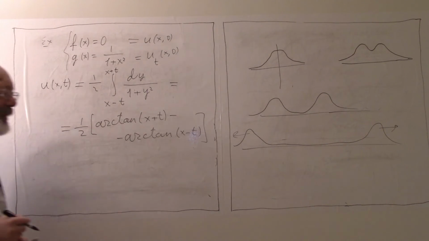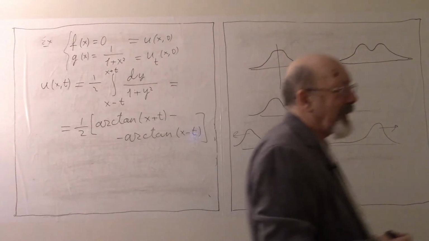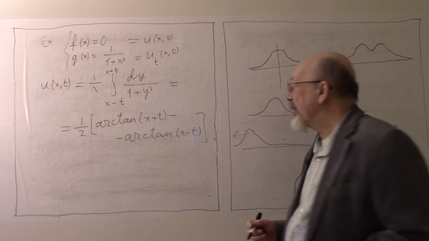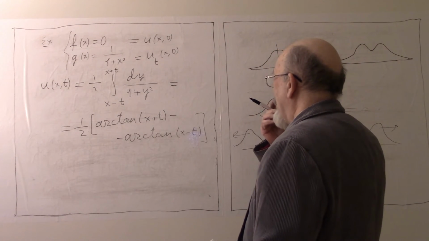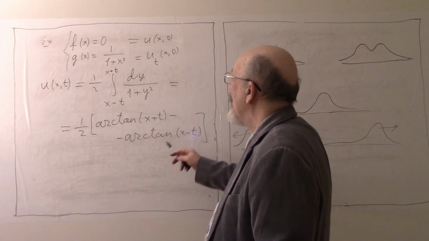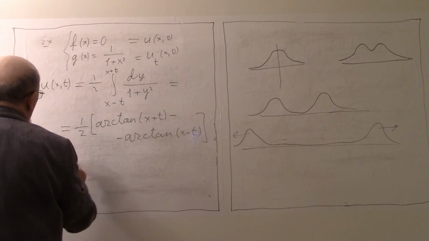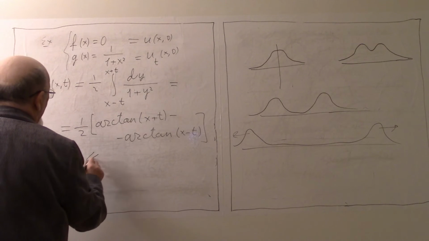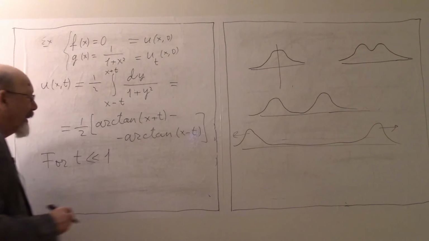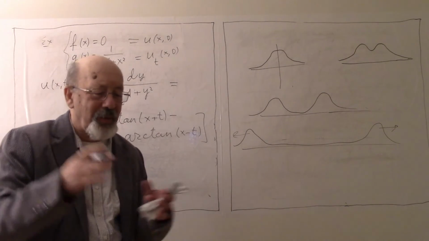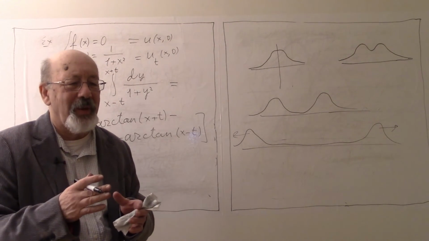Now, let us imagine how it looks. Again, for small t, let me write t much less than 1. Here, small means less than something.